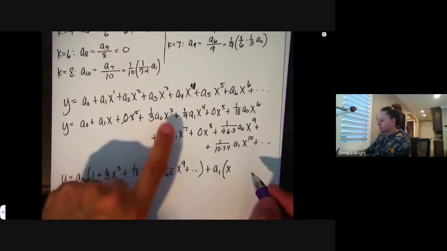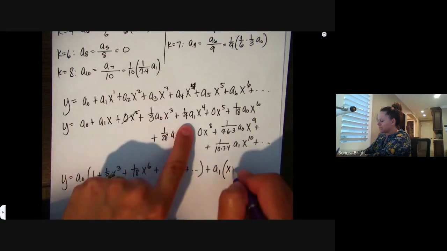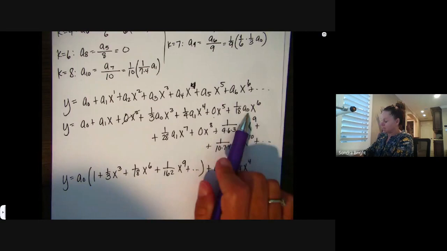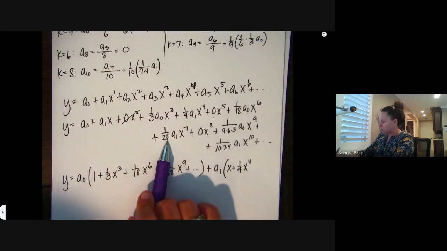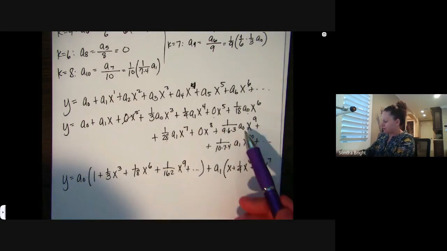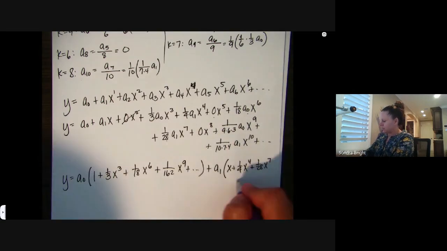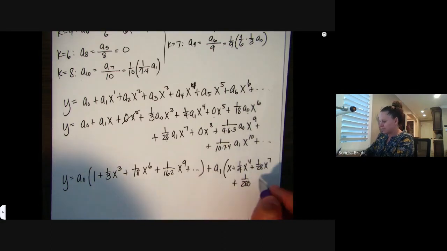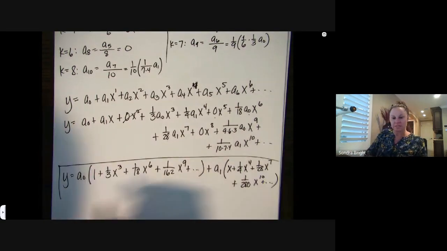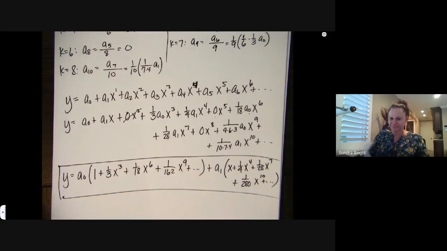We're going for a1s, plus 1/4 x to the 4th, 0 a naught, a1 here, so plus 1 over 28 x to the 7th, 0 a naught, a1, plus 1 over 280 x to the 10th, and then plus dot, dot, dot. That's how you're going to write your answers.